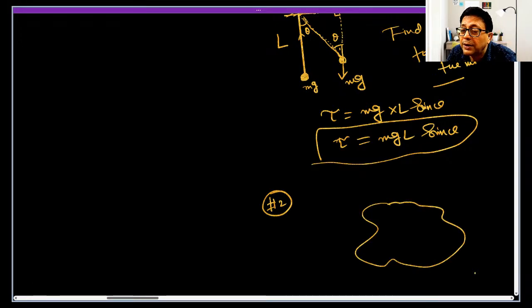an object where a point O is there, a force acting on the object in this manner.